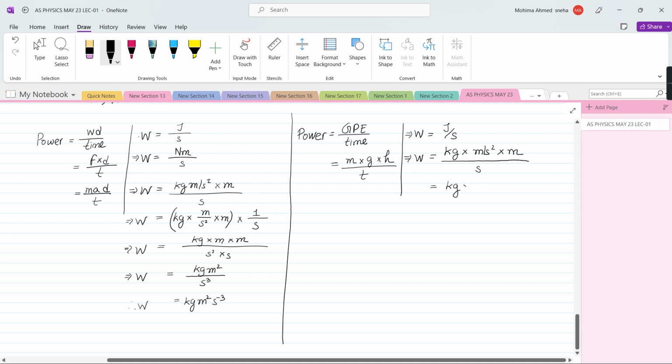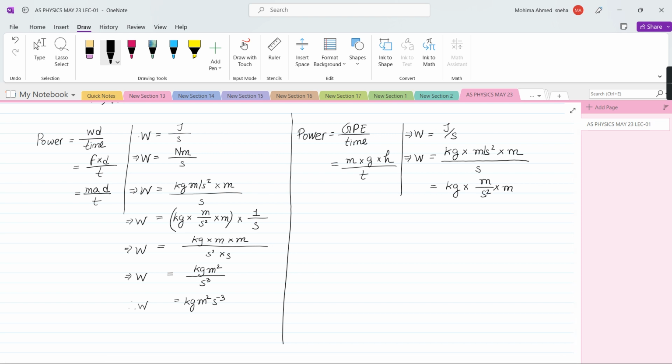Writing the denominator separately, it will be meter over second square into meter into 1 over second. So the entire thing would look like kg meter into meter over second square into second, kg meter square over second square, and it will be kg m² s^-3.